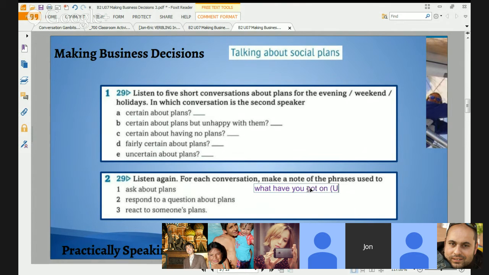By the way, that is British English, not American English. Can you tell me another example of asking about plans from memory? What are you up to? What are you up to tonight? Exactly. So, up to is a good expression.